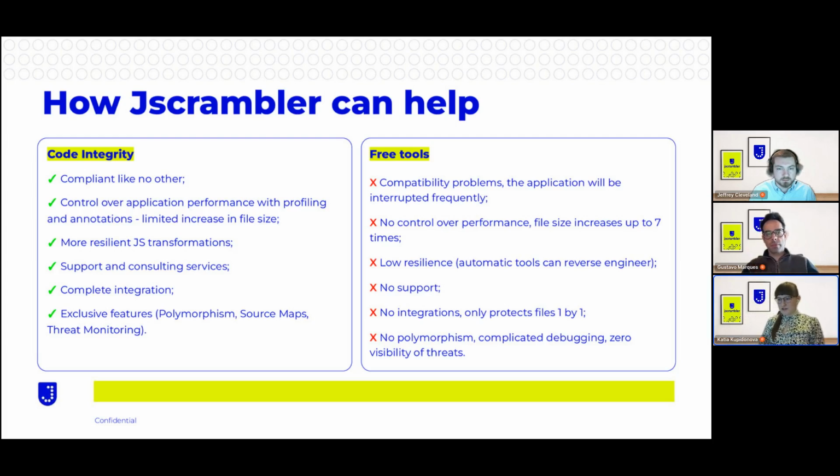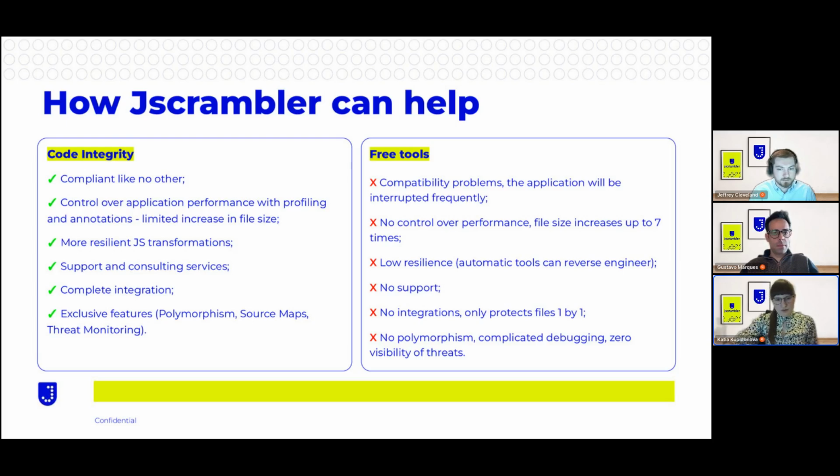Jscrambler provides multiple layers and multiple levels of client-side protection within our solution, Code Integrity. From code to runtime, we offer a level of visibility and control that supports your company's innovation.